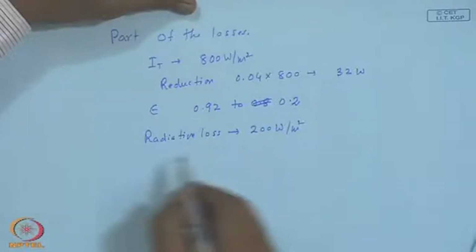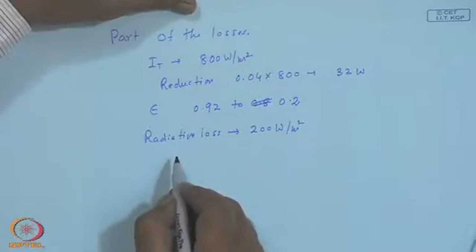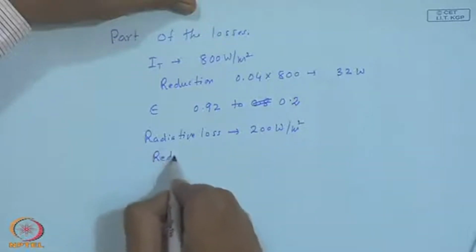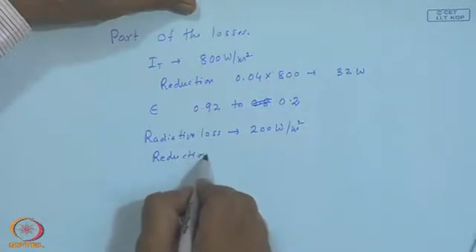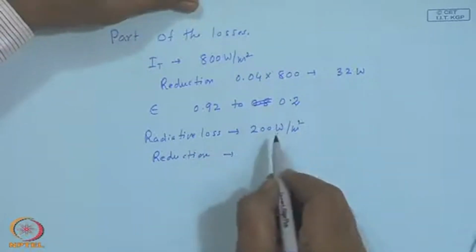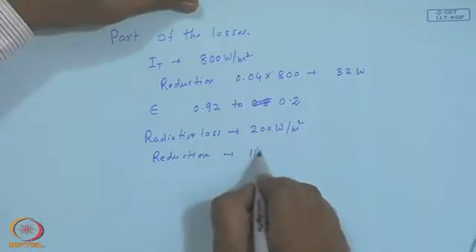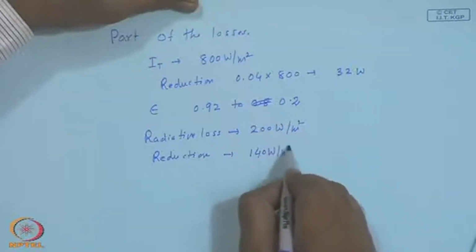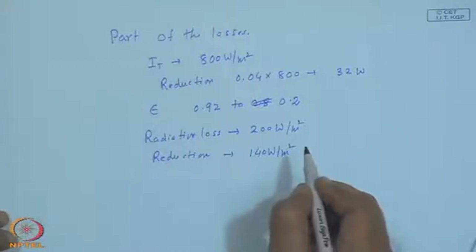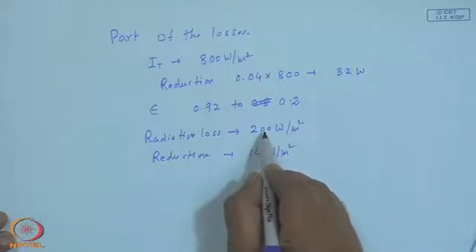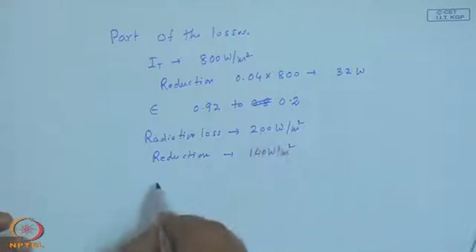So, it is about 70% reduction of this. If it is a part of that, about 140 watts per meter square, right.